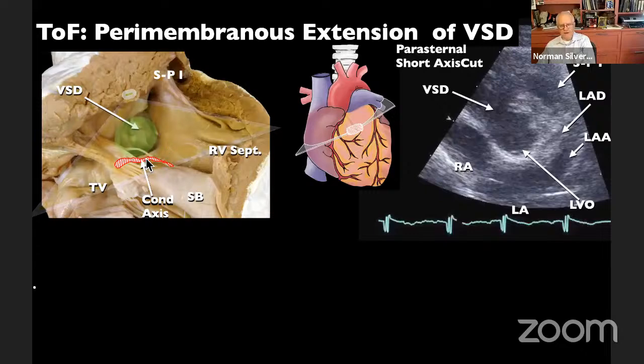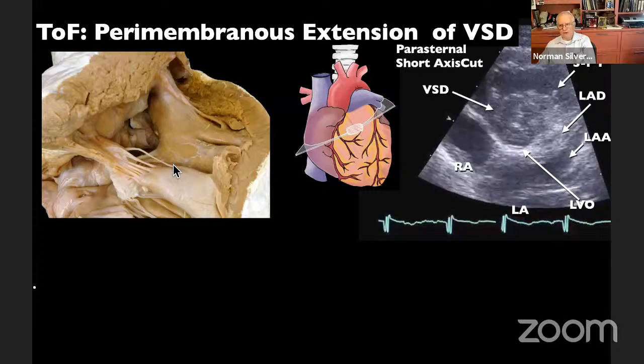And when we take the echo cutaway that we see here in this parasternal short axis, we can see that there is a deficiency of muscular tissue in this area, so that the conducting axis is exposed to the surgeon's knife.